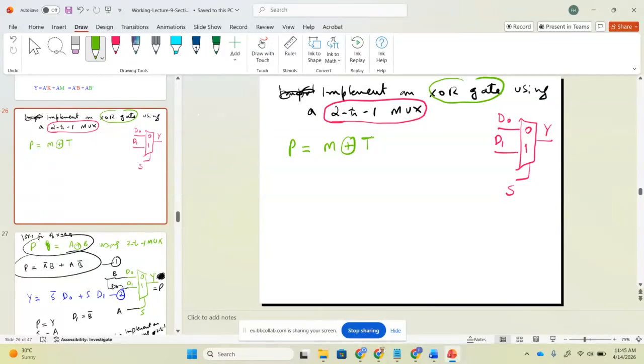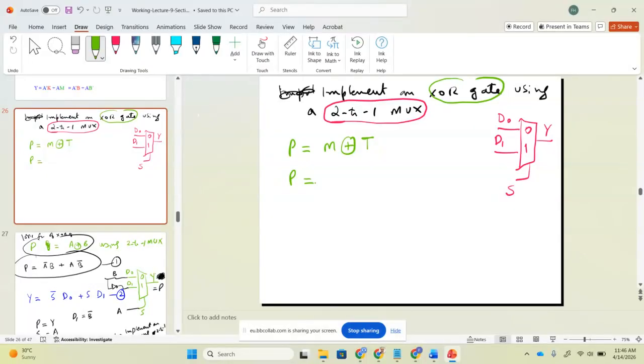What is the SOP expression for P? Can you tell me how I can write it? If I want to write a SOP expression, this may be the question in the exam.